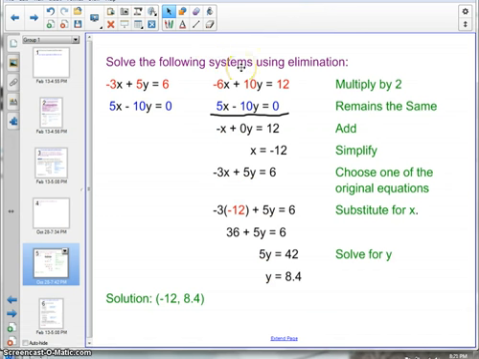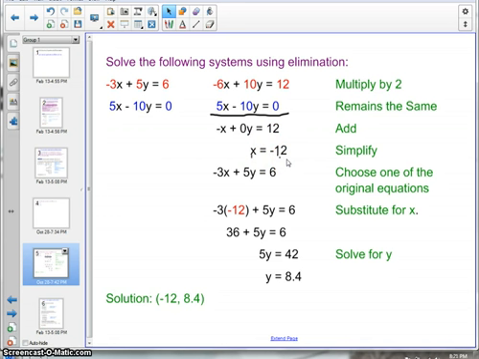And then my positive 10y and negative 10y are additive inverses, which is what we wanted. So that will eliminate my y, giving me 0y, or just 0. And then 12 plus 0 gives me 12. So I have negative x is equal to 12. Divide or multiply by a negative 1 gives me x is equal to negative 12.